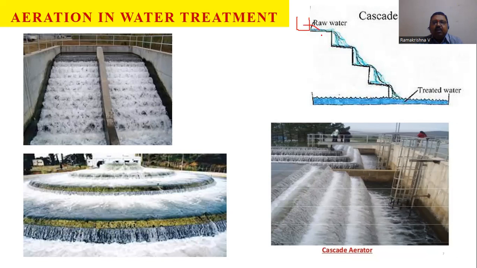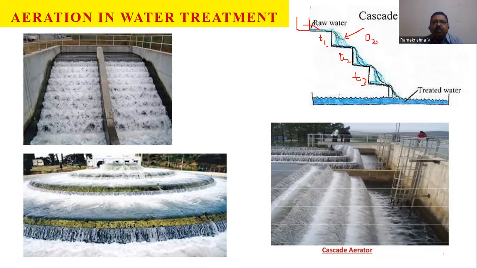From the fundamental law of physics, for any object to fall from a particular height, it will take some time of fall, say T1, T2, maybe T3, and so on. That means during this period, the liquid will be exposed to oxygen in the atmosphere.